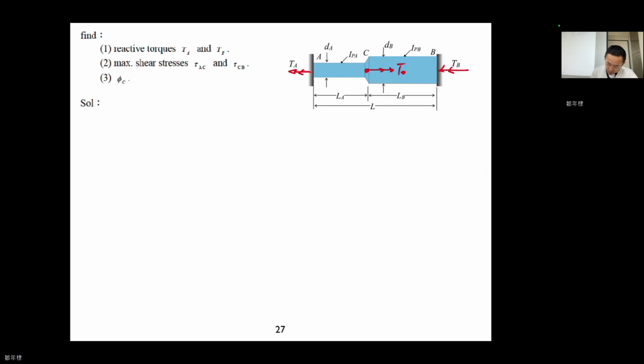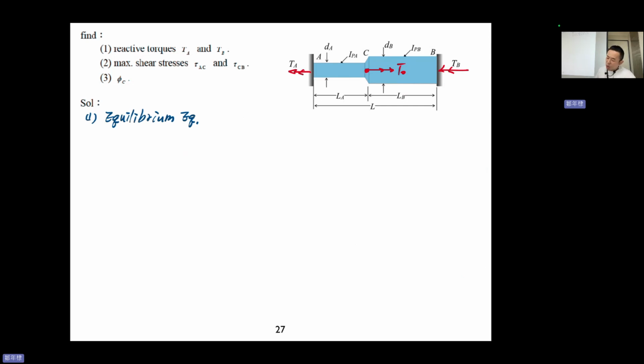Okay. Now, again, for the statically indeterminate problem, we need to have an equilibrium equation. Okay, and you can see that TA and TB are negative.